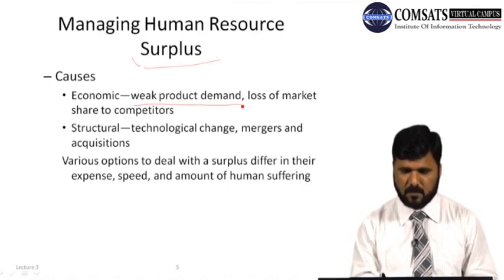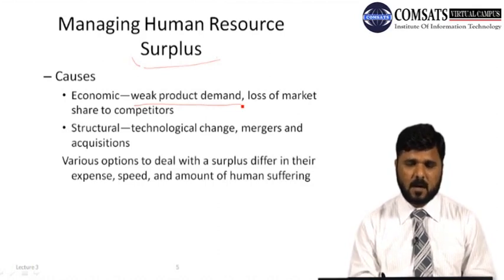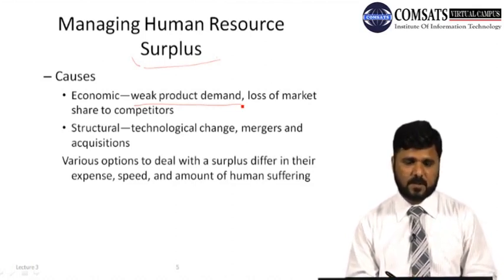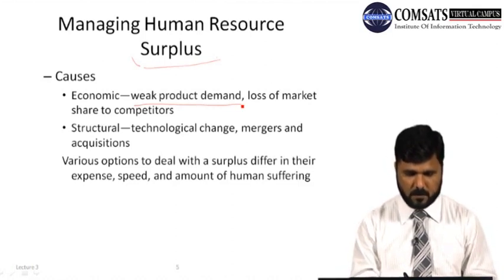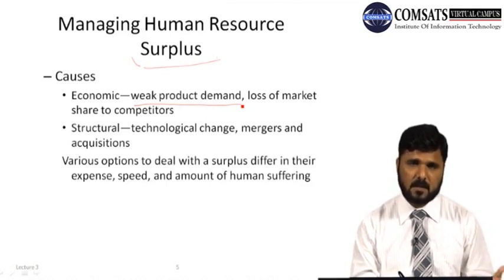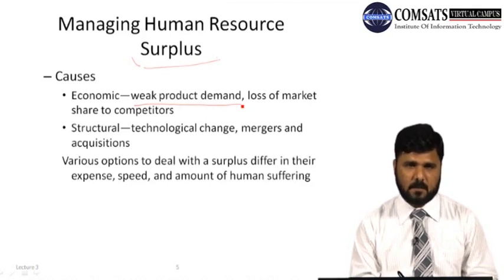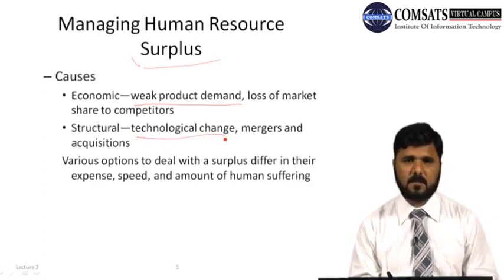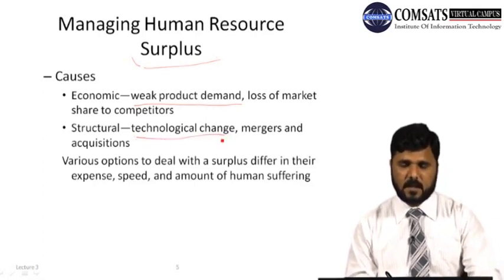Because of tough, intense competition, companies may lose their market share to competitors, so they may face a surplus of human resources. There may be certain structural changes. An organization may have implemented certain technological change within the organization, and that has resulted in HR surplus. Because of the introduction of this technological change, an organization may suffer HR surplus.